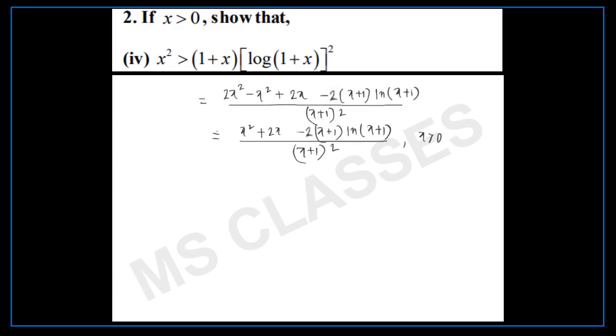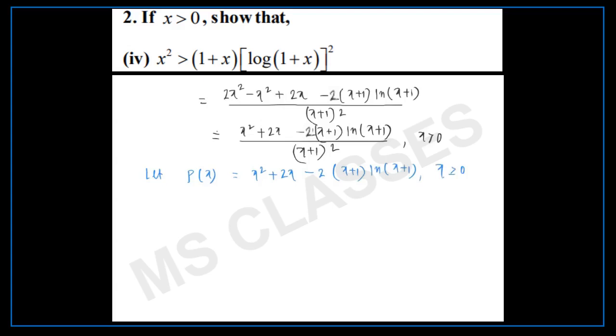Now here, since we can't conclude whether this is greater than 0 or less than 0, what we'll do here is define this one as p(x). Let p(x) equal x square plus 2x minus 2 into x plus 1 into ln x plus 1, x greater than or equal to 0.